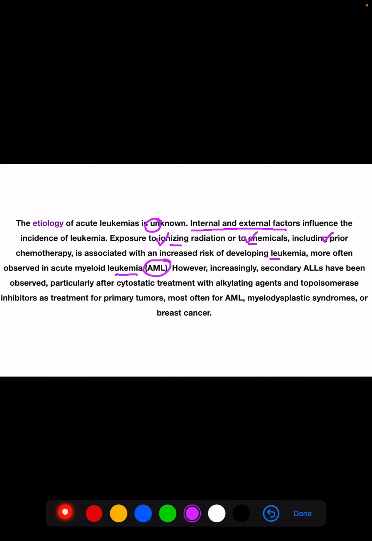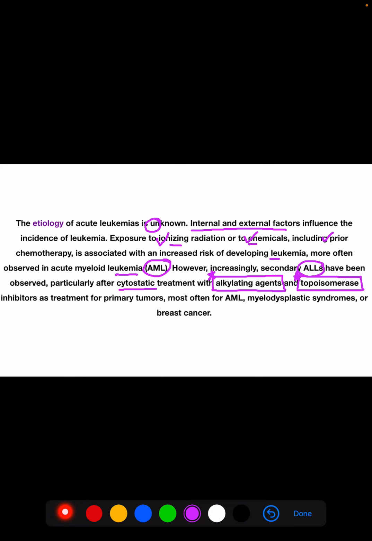But increasingly, secondary acute lymphoblastic leukemias have been observed, particularly after cytostatic treatment with alkylating agents and topoisomerase inhibitors. Where are these agents used?